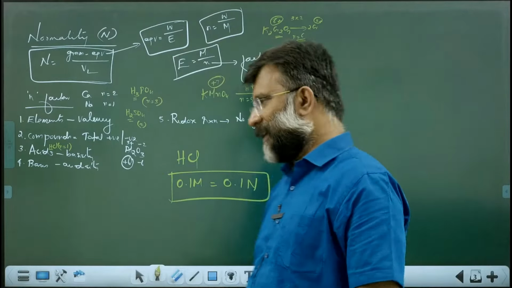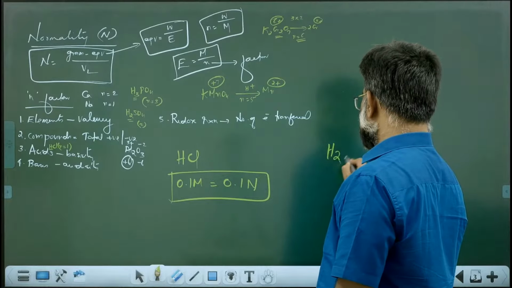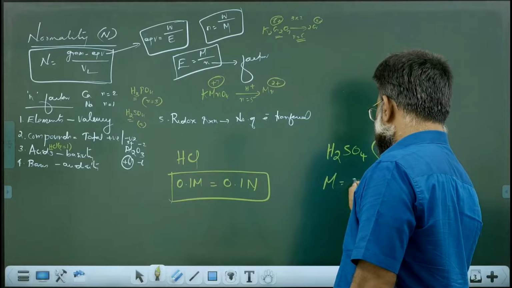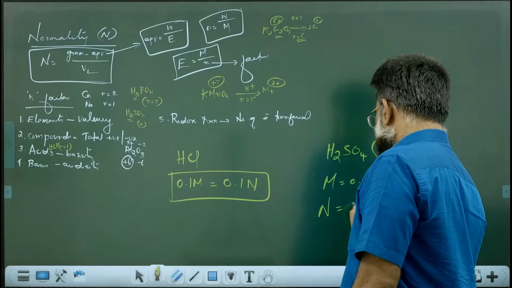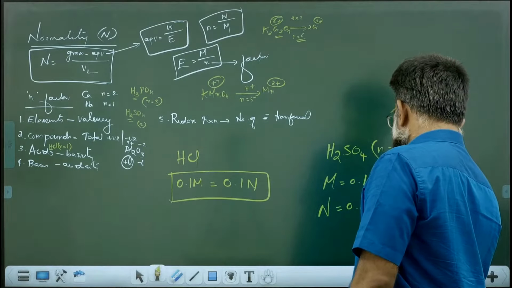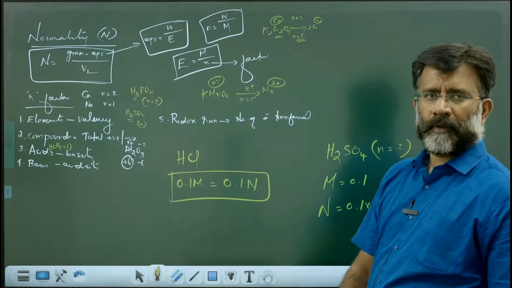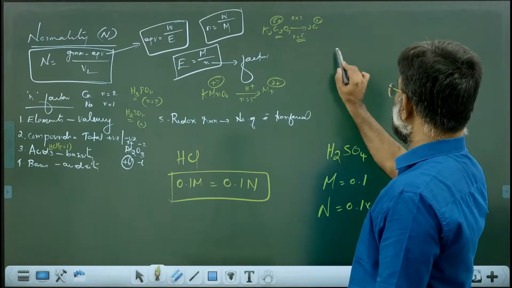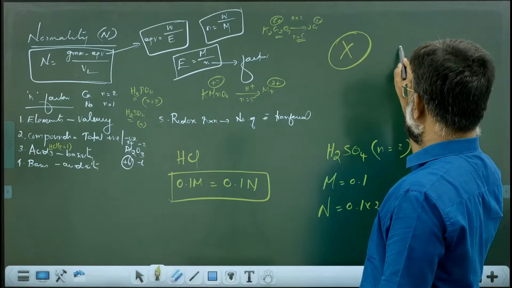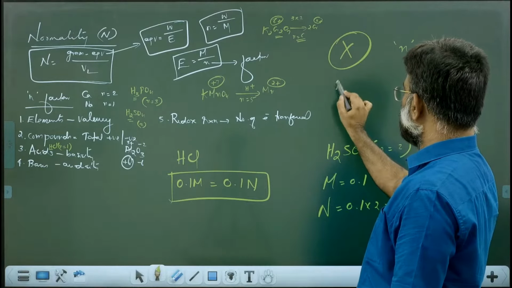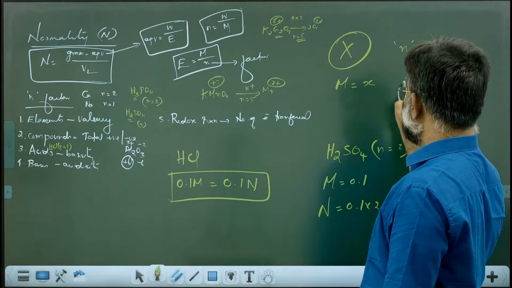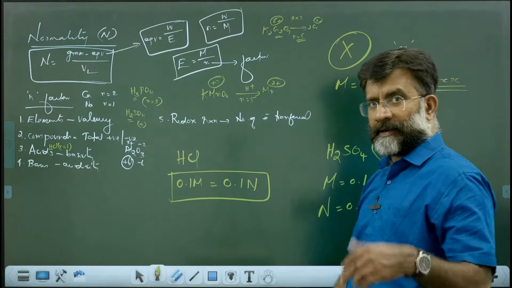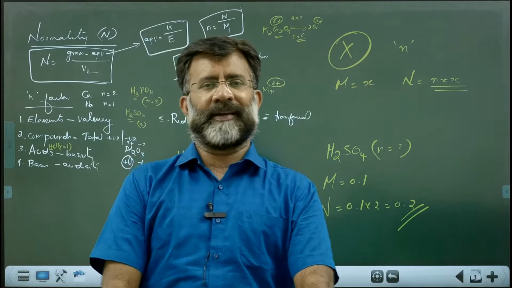What about sulfuric acid? Suppose you are taking sulfuric acid, the N factor is equal to 2. Suppose molarity is 0.1, normality will be 0.1 into 2, that is 0.2. So, normality value for any substance X having N factor N, suppose molarity equal to X, then normality will be N times X. Molarity and normality are so related.